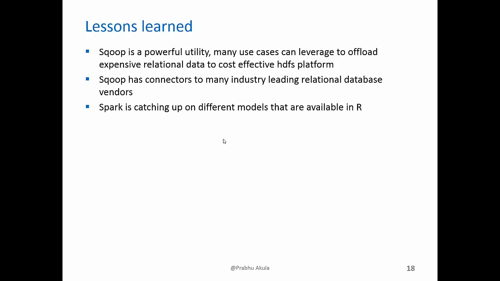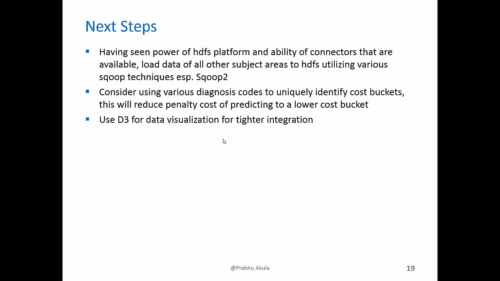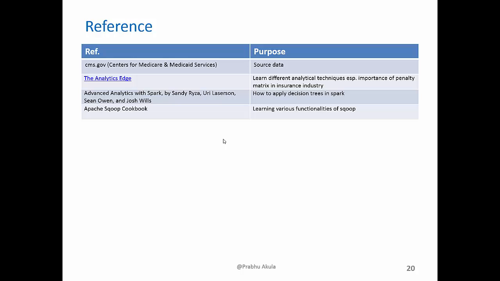Especially I was looking for penalty matrix and those kinds of things, it's still catching up. Once Sqoop 2 is stabilized, I'm going to explore those functionalities. Also in the decision tree classifier, I'm going to include diagnosis codes to have a more accurate, more precise model. And we could also leverage D3 for data visualization with a seamless, straight integration with the Analytics database.